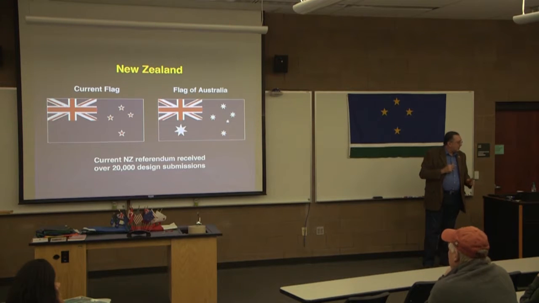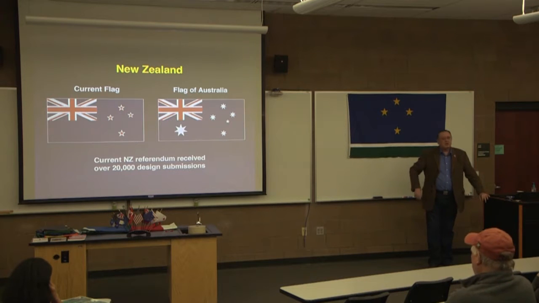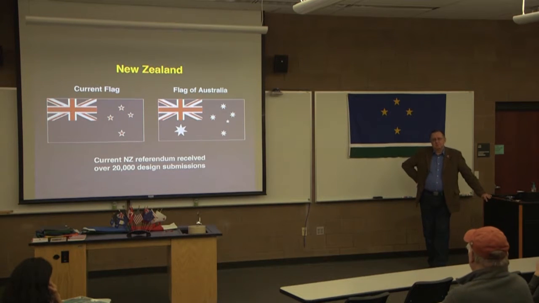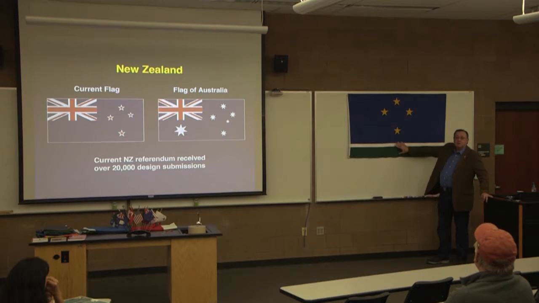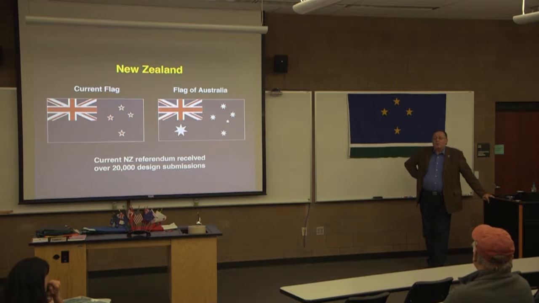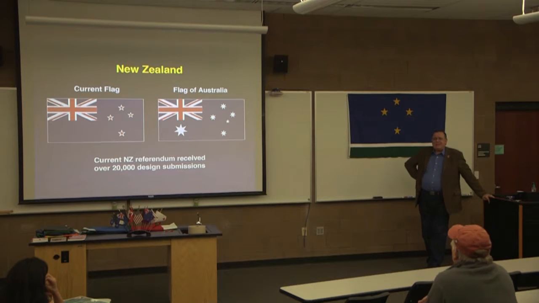So now, the current New Zealand referendum received over 20,000 design submissions. When I first submitted my design, which is this one over here, there were only 10,000 entries. Maybe not people, maybe multiple entries by several people. By the end of that month, when they finally closed the submissions, they had 20,000.